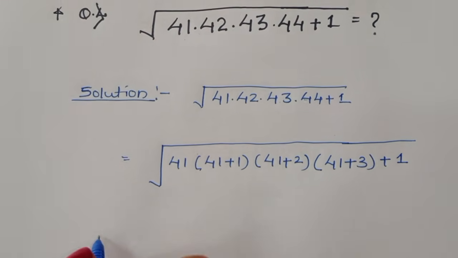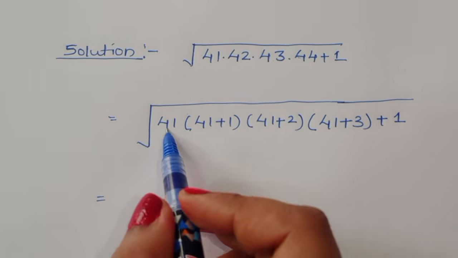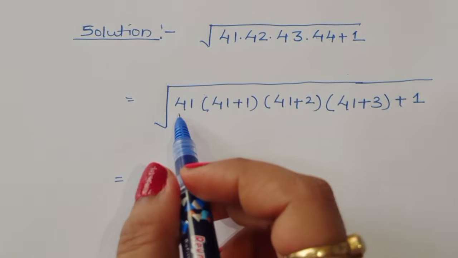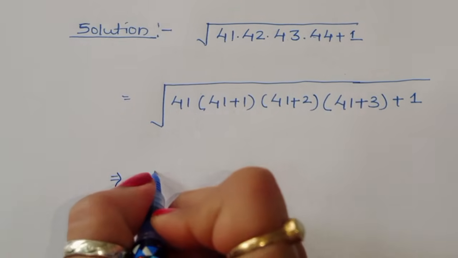Right? Now you can see here 41, 41, 41, 41. We can see 41 in every term.